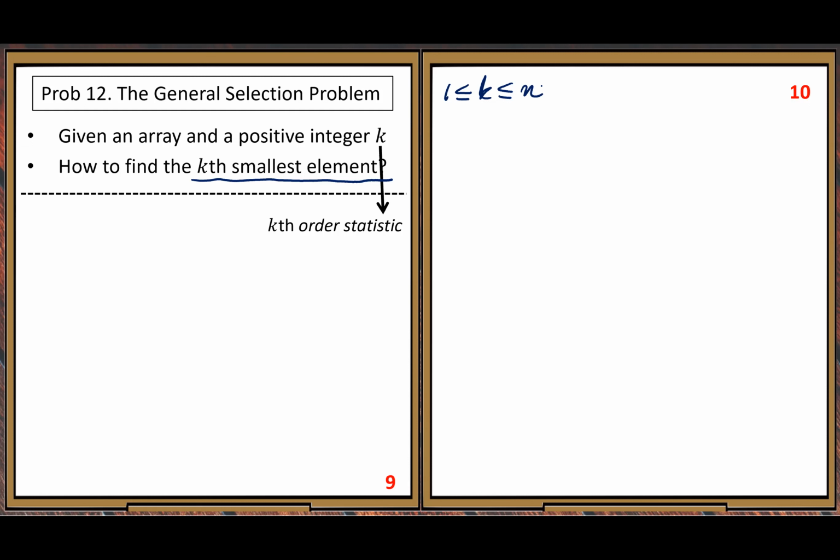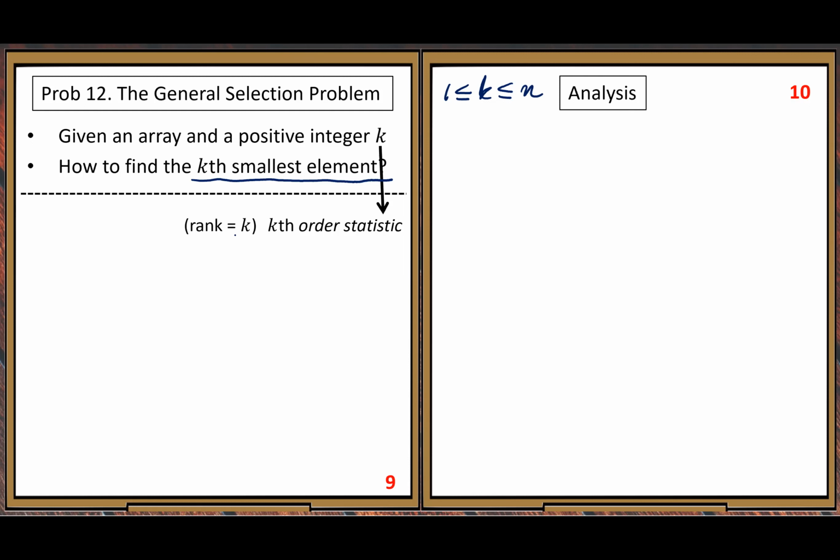There is a formal name for k: kth order statistic. Another name for it is the rank. Rank equals k. It is easier to call it rank: its rank is 1, 2, 3, 4.